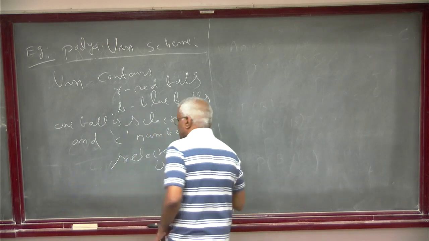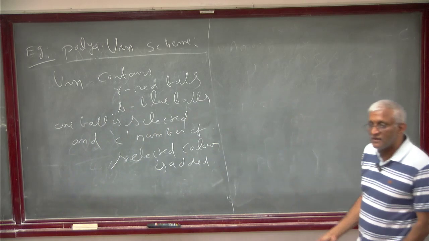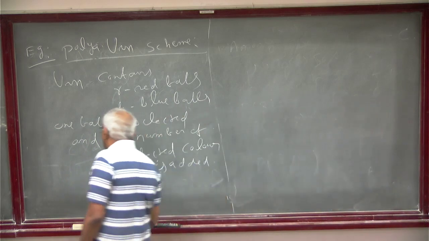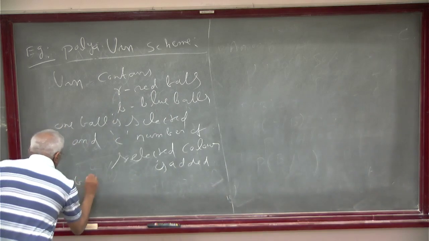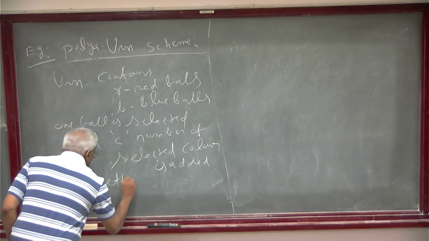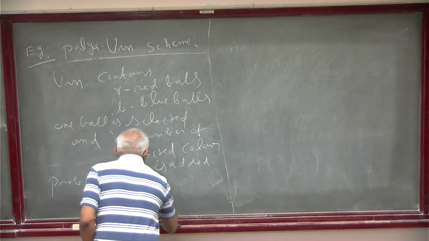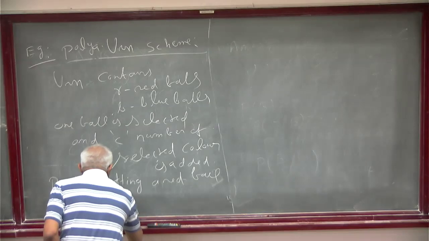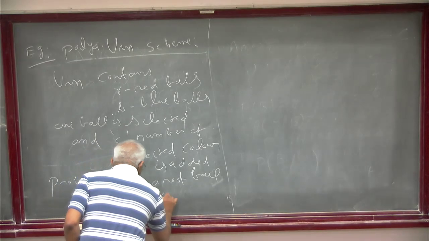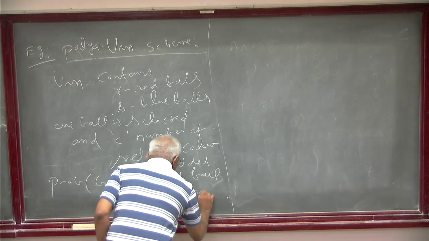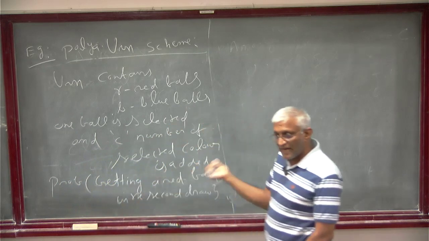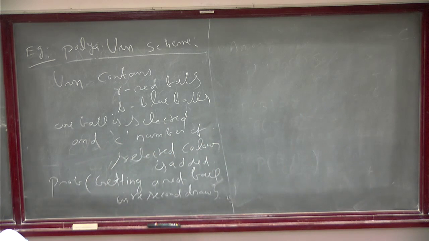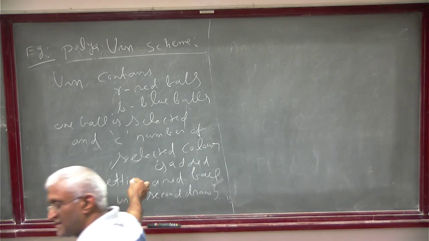Then you want to calculate the probability of getting a red ball in the second draw. When you draw another ball, getting a red ball in the second draw. You select a ball again, the second time. I will write it, it will be clear.